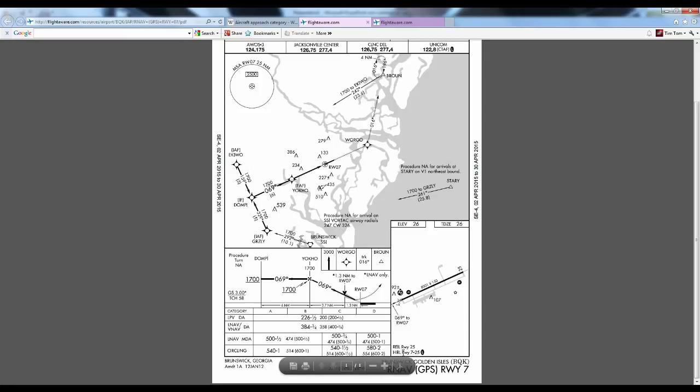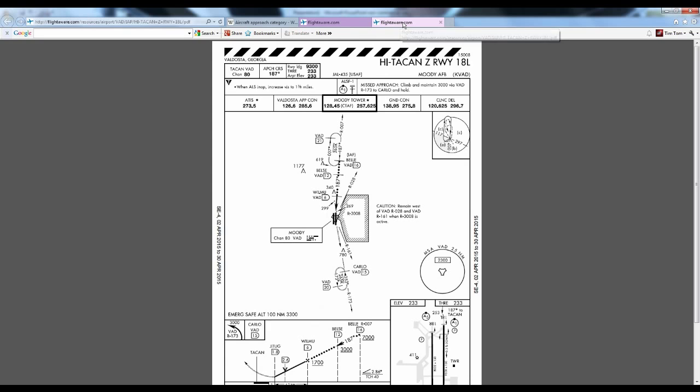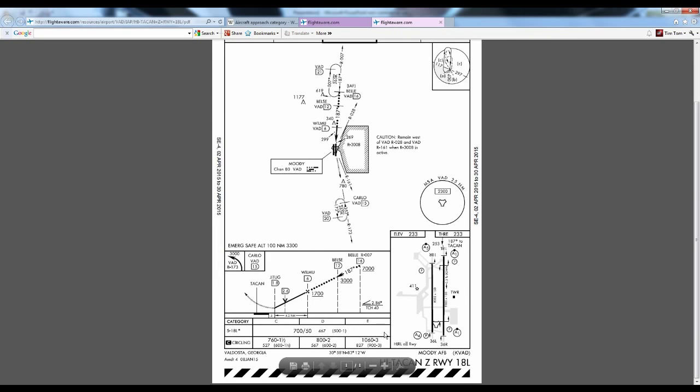In fact, if you see Cat E printed on a chart that you're flying, it should get your attention, because that could mean there are military aircraft flying this approach, which could mean it might be designed for high speed. Really, you're ever only going to see Cat E on the military charts, like this one here, the high TAC Zulu, runway 18 left at Moody Air Force Base. As you can see, it doesn't show Cats A and B because they don't care about them. They only care about Cats C, D, and E.